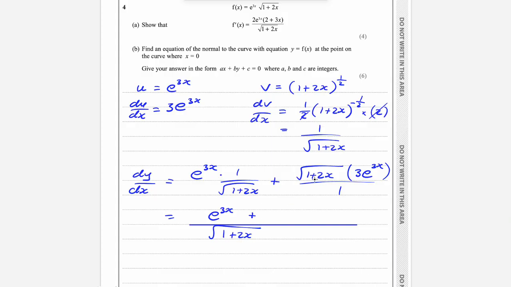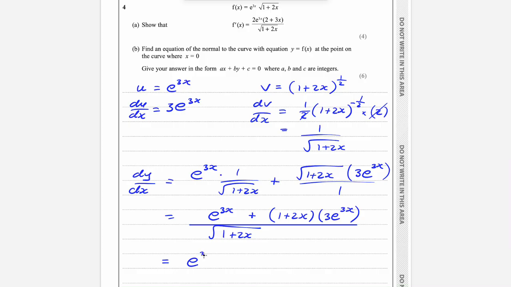Now when I multiply this by root 1 plus 2x, I just get 1 plus 2x, because the root times the root gets rid of the root. And then it's this times 3e to the 3x, like this. Okay, then I guess it's just a case of simplifying.